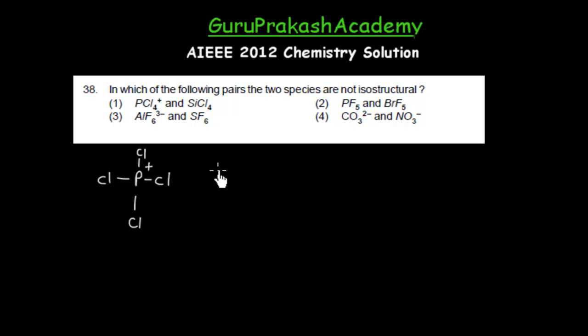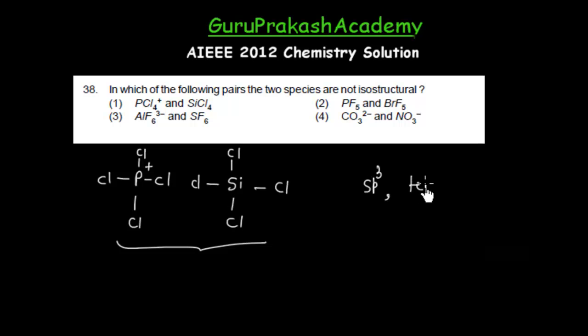Now SiCl4, if I write the Lewis dot structure, is also something like this. If you see, both compounds have four groups, so both are sp3 hybridized and both are tetrahedral.